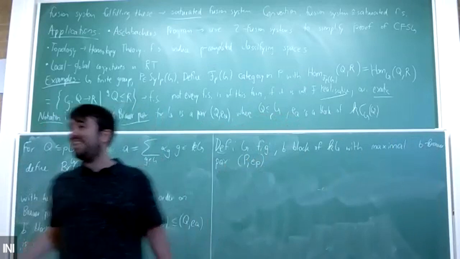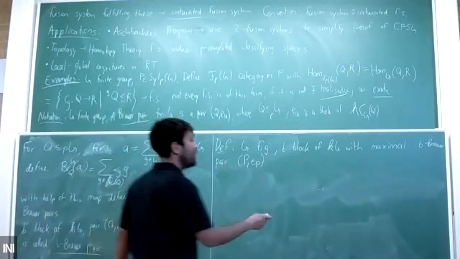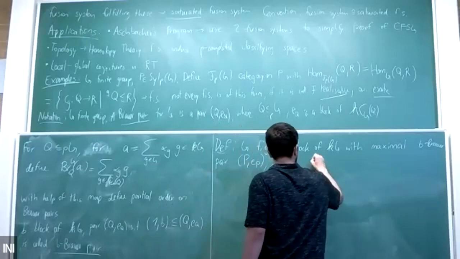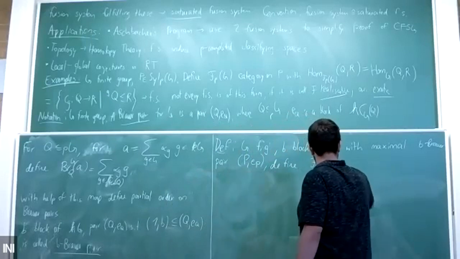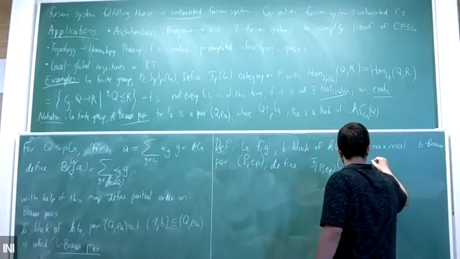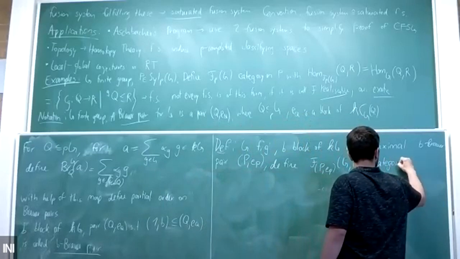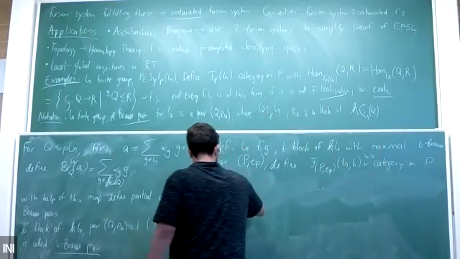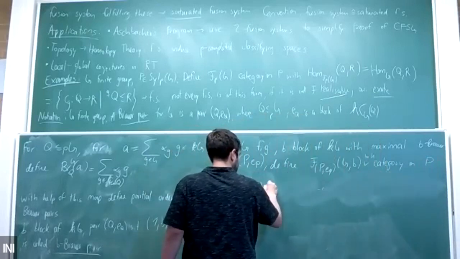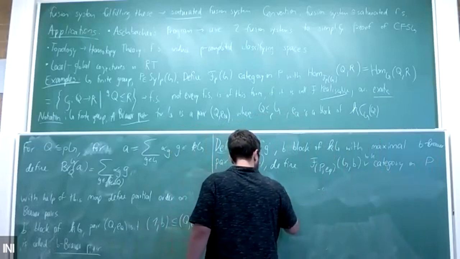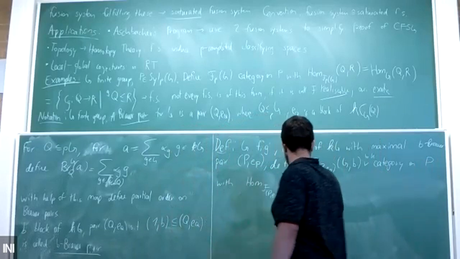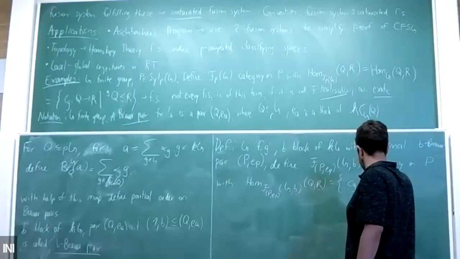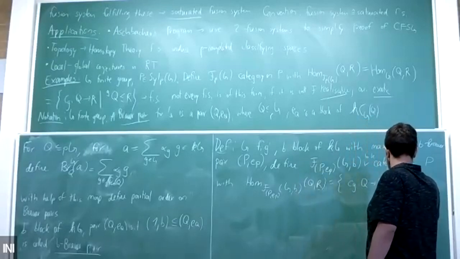That also means that P is a defect group for B. Define F_(P,e_P)(G, B) to be the category on P with morphism maps being all the maps that are induced by conjugation with elements in G, where it's well defined.